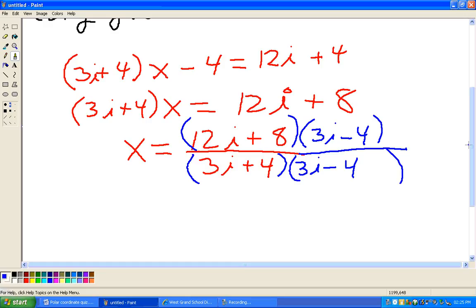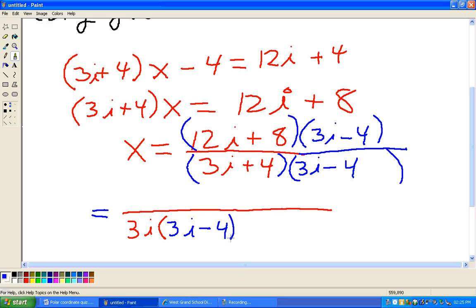So if I've got a problem like this, why can't we just divide? This guy needs to multiply through because that's too easy. Does that make sense? So if I do this, this 3i has to go through, times 3i minus 4.